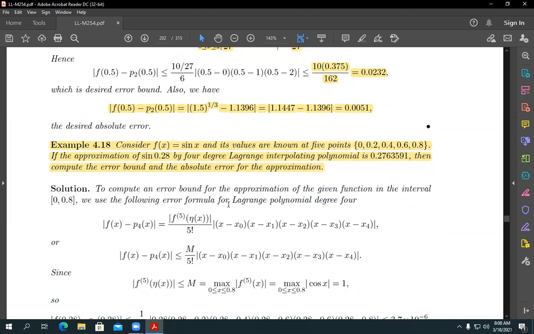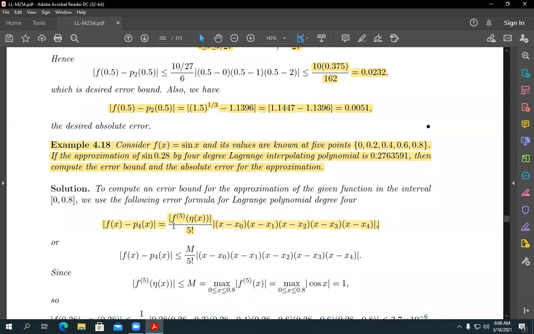So we know the error bound formula for a degree. This is the most important thing here, and you should know this formula. If you have degree 4, you must have a 5th derivative, 5 factorial, and 5 terms. If you have degree 3, you have a 4th derivative, a 4 factorial, and 4 terms. This is the thing to memorize.